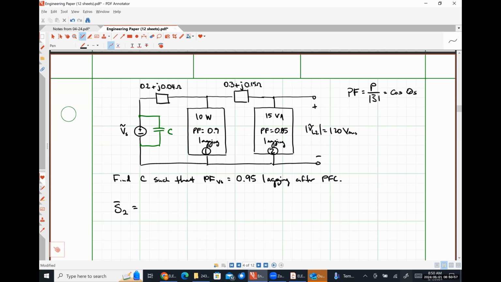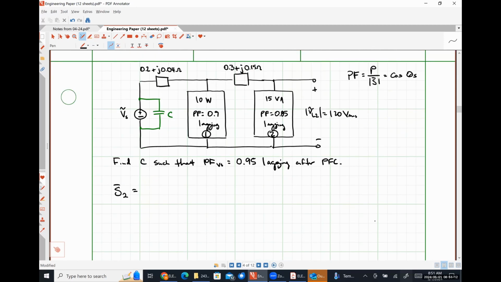So 15 volt amperes, what does that represent? Average power or apparent power? Apparent power, because the units tell us that it's apparent power, right? So my complex power is going to be my apparent power with an angle of the inverse cosine of my power factor. Now, we are assuming a positive sign in front of that inverse cosine operation because our power factor is lagging.